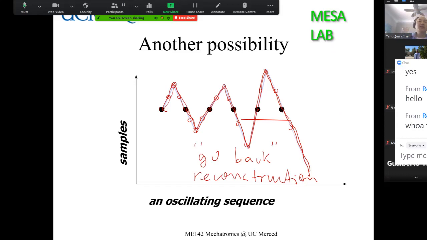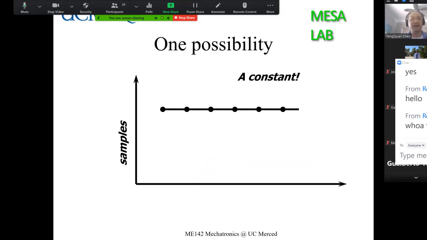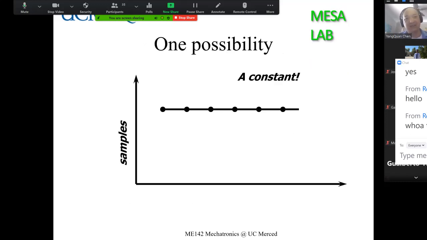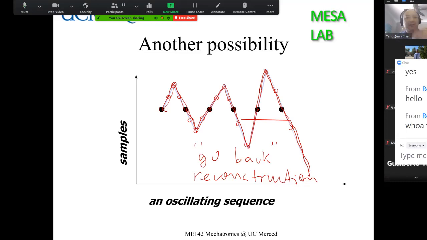This is because of not sampling fast enough. Therefore, you cannot go back and reconstruct the original continuous time signal. The reconstruction in this case is not possible because of slower sampling than needed.